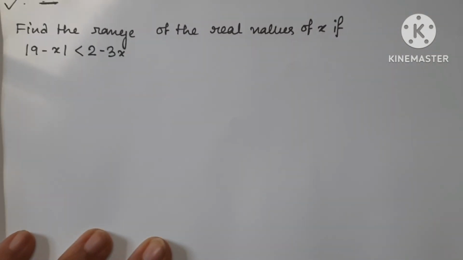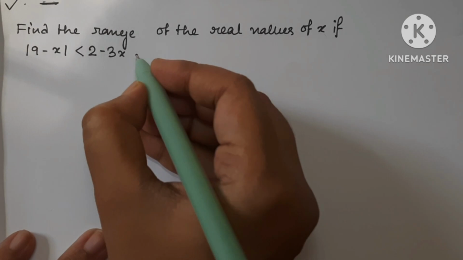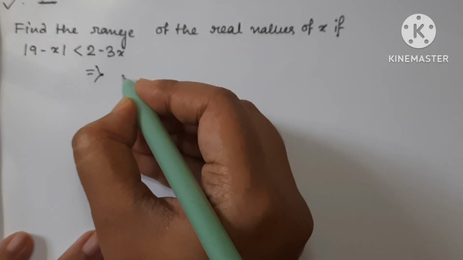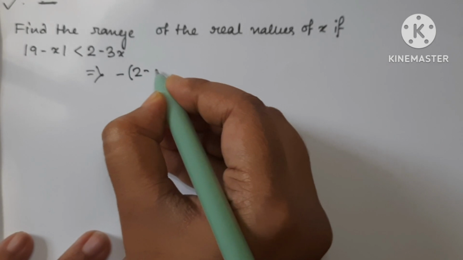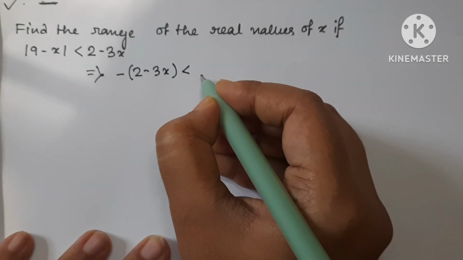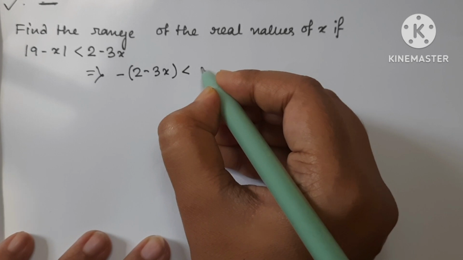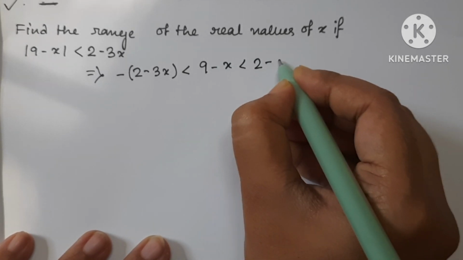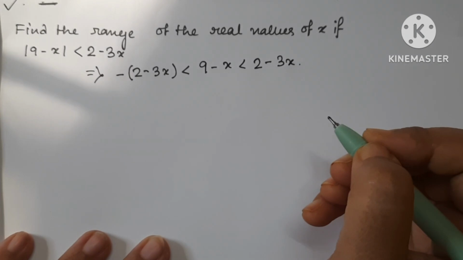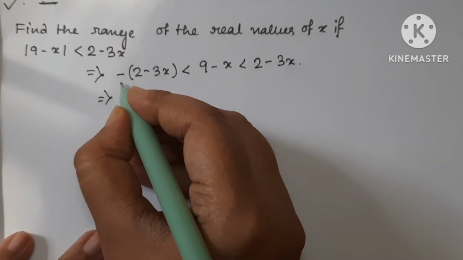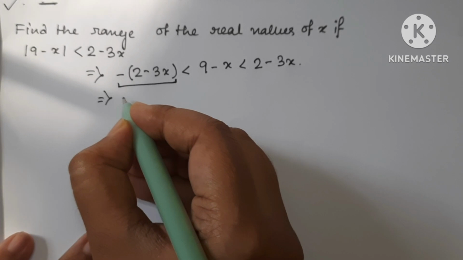So first, if you write it, how can you write it? Minus 2 minus 3x less than 9 minus x less than 2 minus 3x. Okay? Now from here you can write like this.